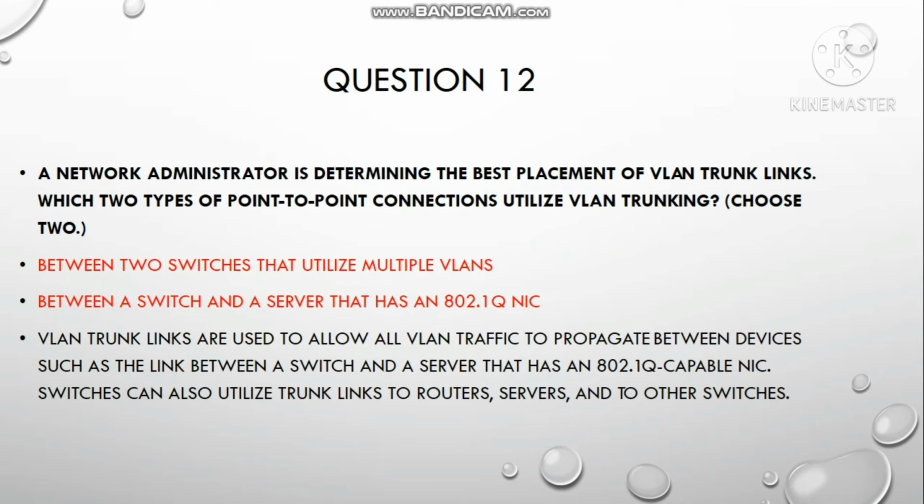VLAN trunk links are used to allow all VLAN traffic to propagate between devices, such as the link between a switch and a server that has an 802.1q capable NIC. Switches can also utilize trunk links to routers, servers, and to other switches.